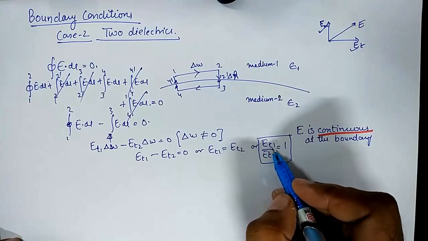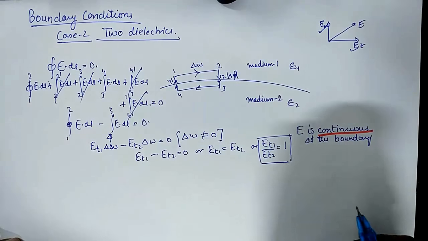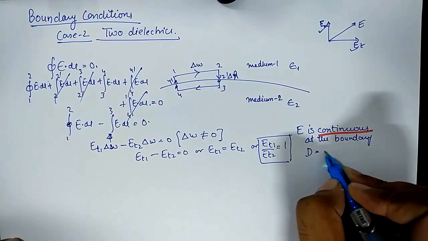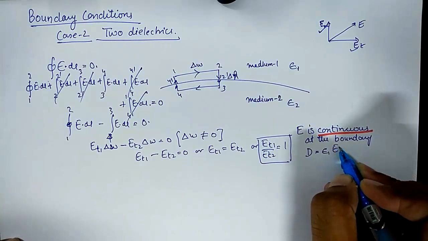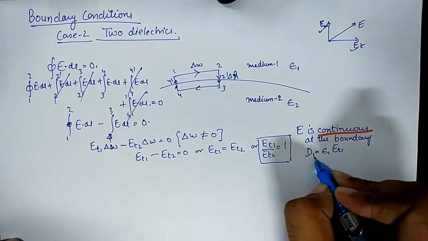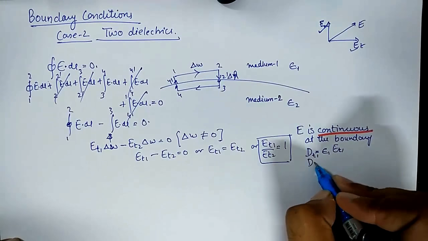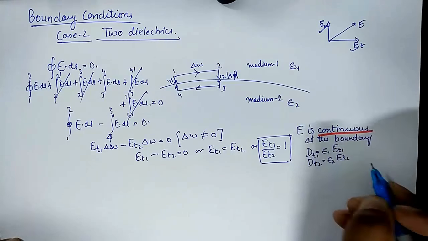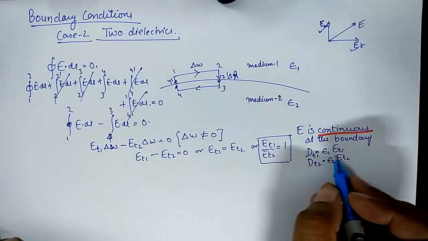And to find out the tangential component of D, we substitute D is equivalent to epsilon E, so DT1 is epsilon 1 ET1 and DT2 is epsilon 2 ET2.